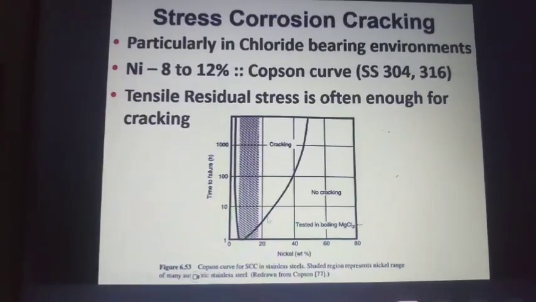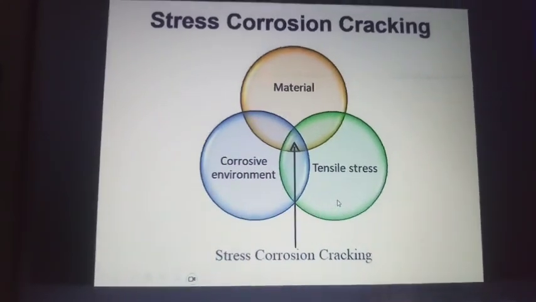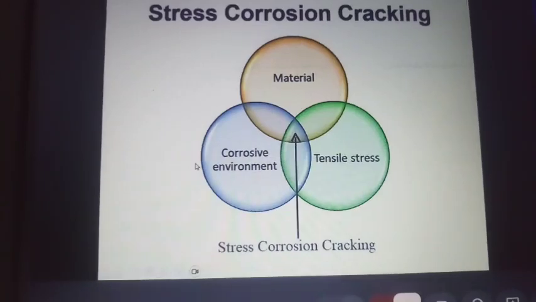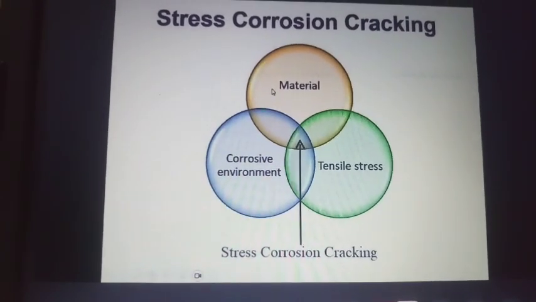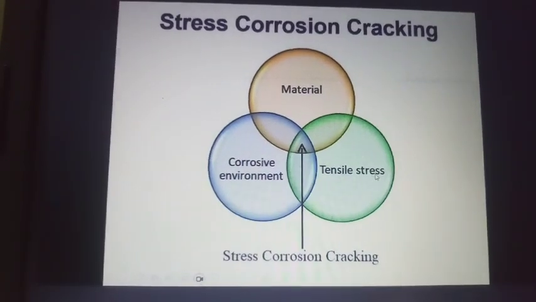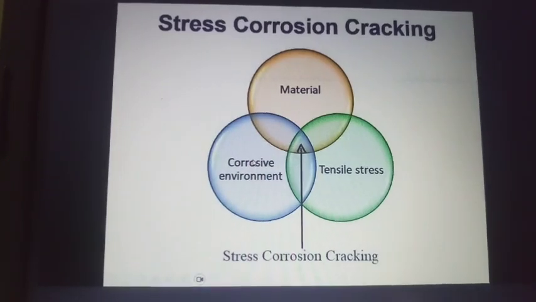Okay. So for stress corrosion cracking, you need to have three things: one is tensile stress, one is a corrosive environment, and one is a susceptible material. Austenitic stainless steel is a susceptible material. Tensile stress we have, and the corrosive environment is any chloride bearing environment.